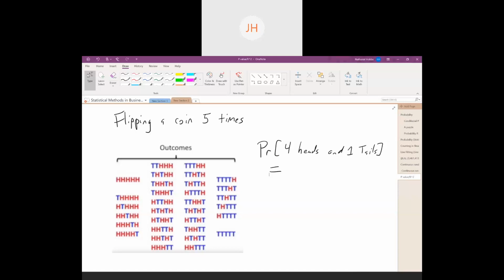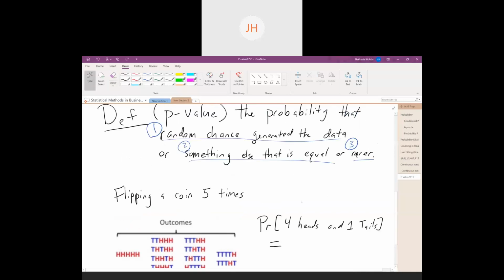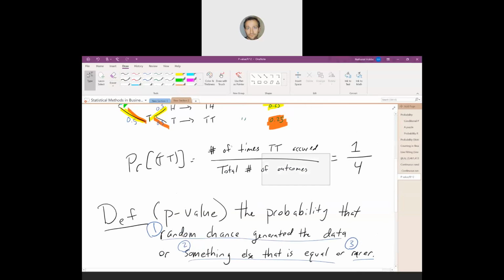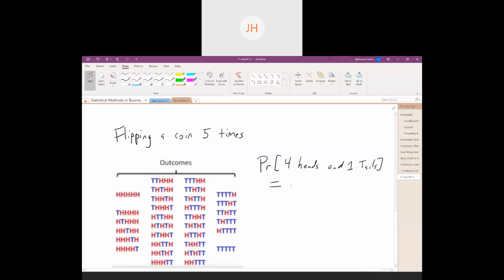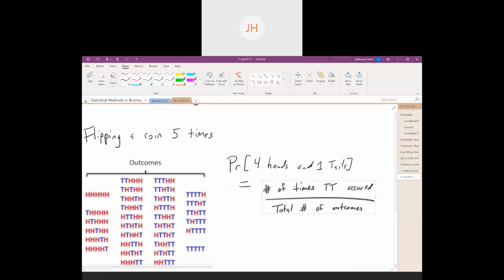So what's the probability of this, getting four heads and one tail? We need the 0.5 times. I don't know the... would it be 0.03125? With this. That'll help.